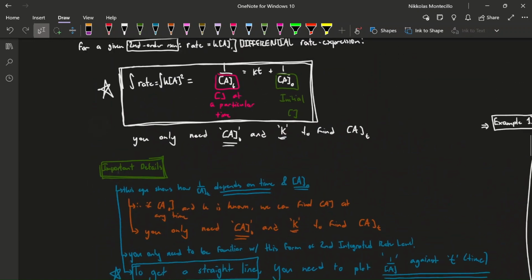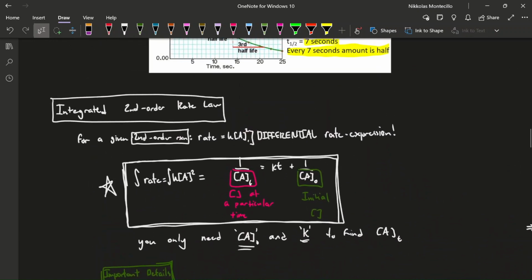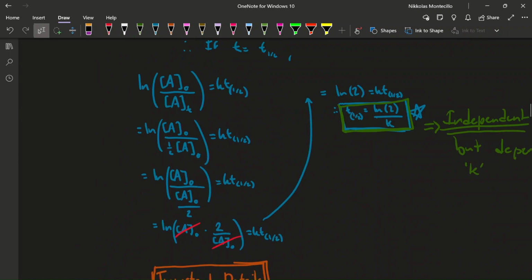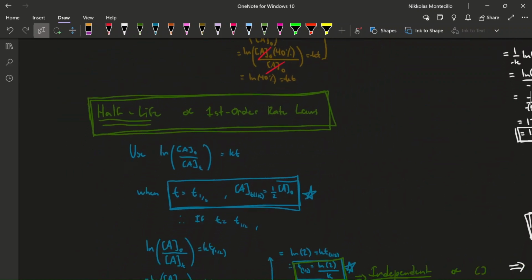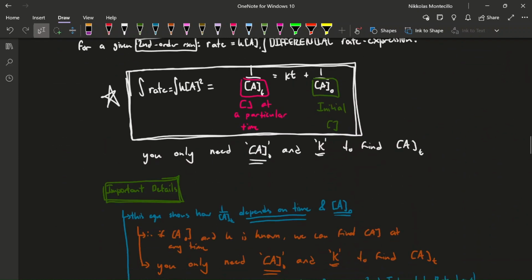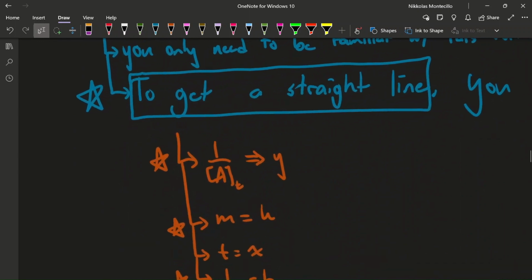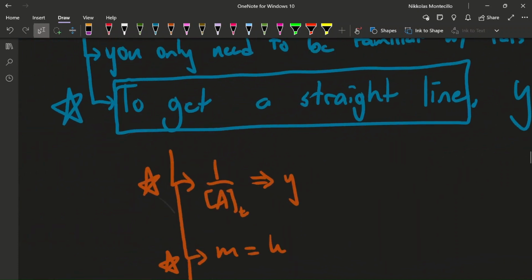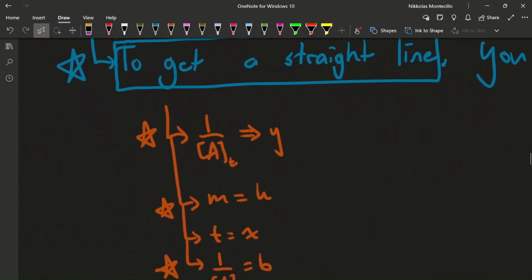If you noticed, this integrated rate law expression is similar to the first order integrated rate law, where, like before, the concentration of A at a given time T is what we refer to as Y, right? So Y equals mx plus b.